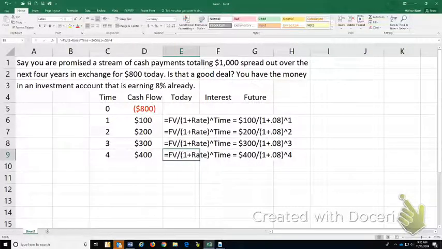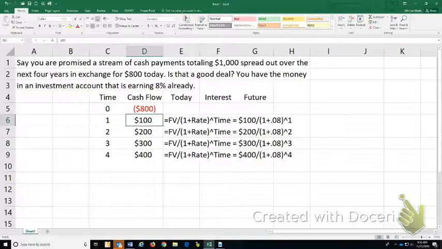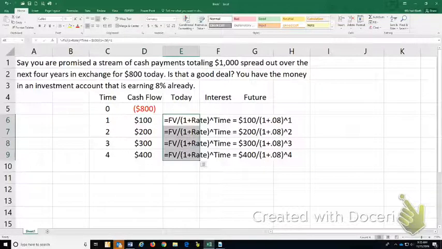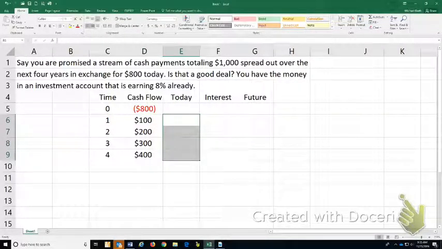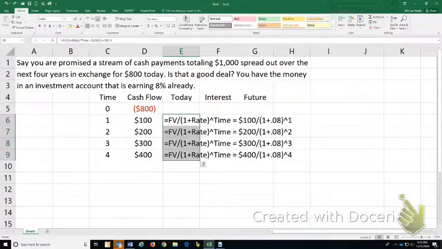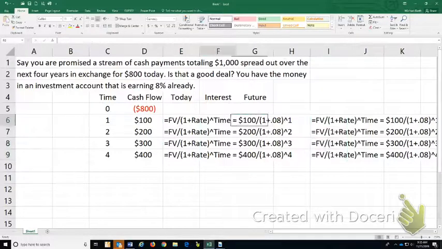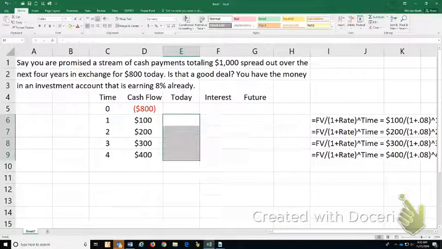So those are the formulas we would use to take this $100 to be received a year from now: what is the equivalent amount of money today that could earn 8% interest and still be worth $100 a year from now? I just paste those off to the side. Those are the formulas.